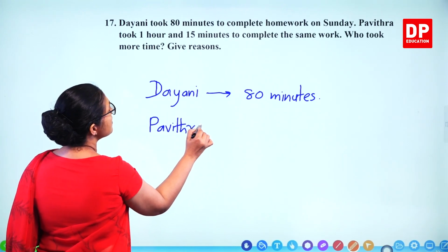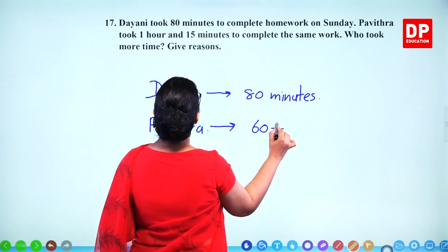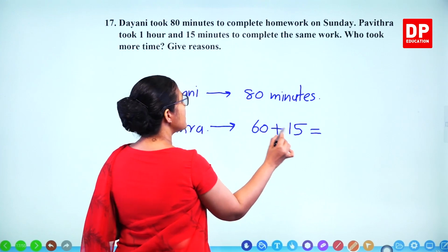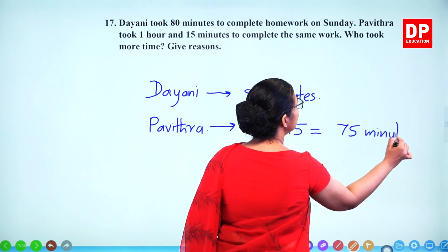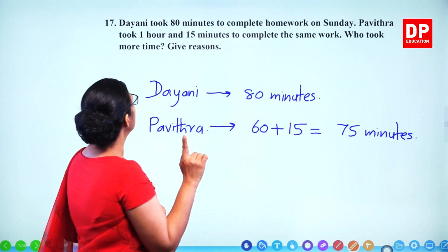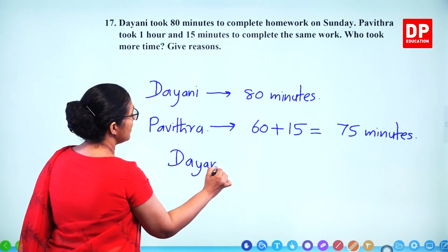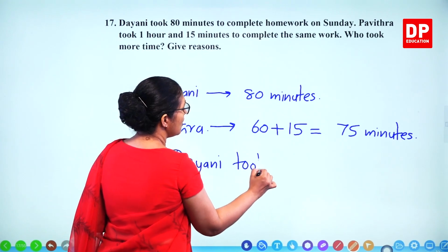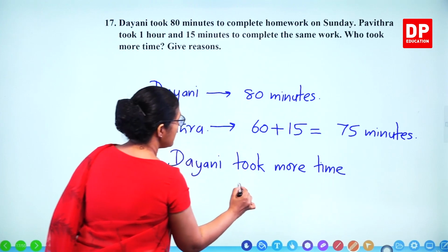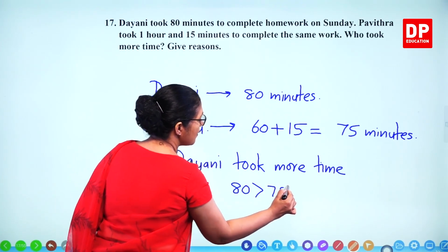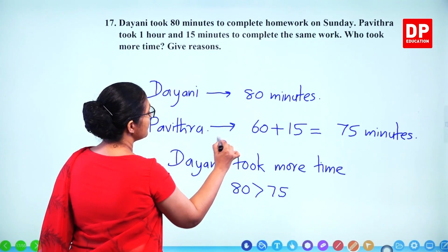We'll convert to minutes. 1 hour means 60 minutes and another 15. Altogether 60 plus 15, 75 minutes. So who took more time? Dayani took more time. Why? 80 is more than 75. So you get 2 marks for that.